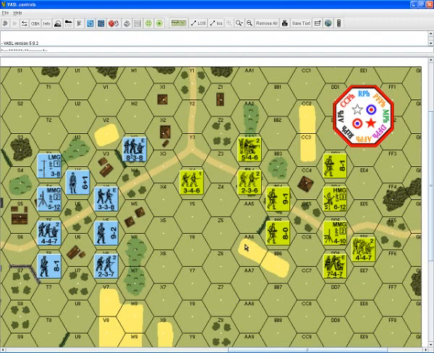Again, I'm hoping to create a series of videos on the Advanced Squad Leader system, and by no means am I an ASL expert. But I have a deep desire to understand and play this game, and I am a teacher, so I figured that I would combine these two and see if I could come up with some video tutorials to help new players understand how to play ASL.